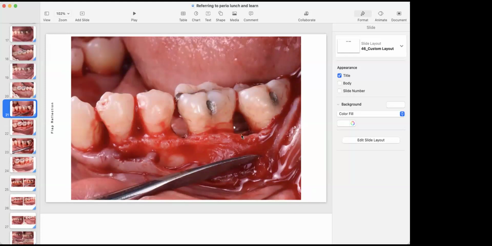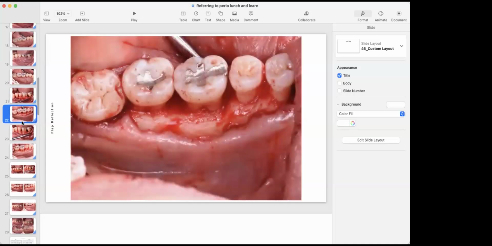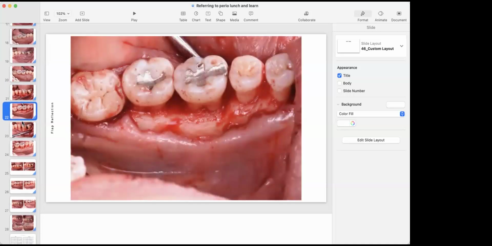These are the craters that I was alluding to before. This is where we get plaque trapped in the sites and where calculus can build up and where we get that bacteria trapped. Same thing here. This side isn't as bad, but we have a little bit more flattened architecture. And then over here, we have some negative architecture.